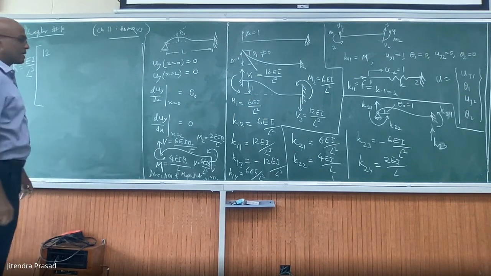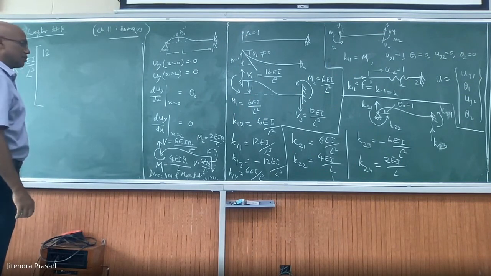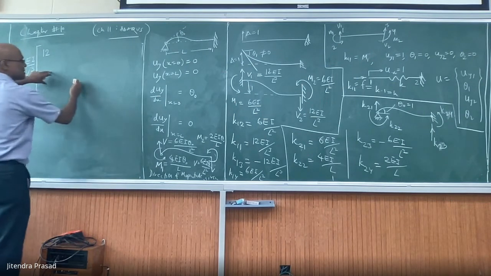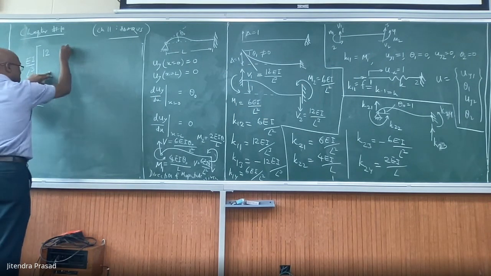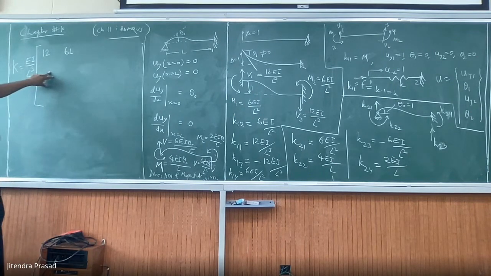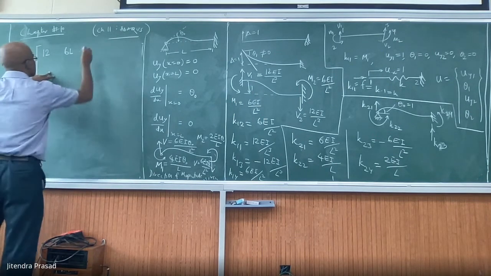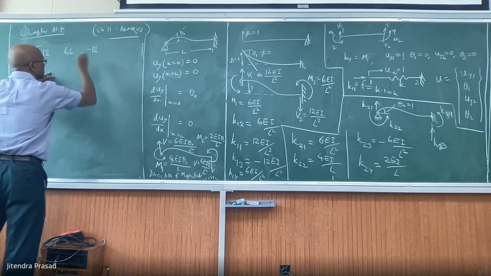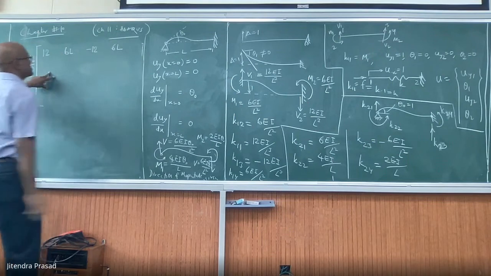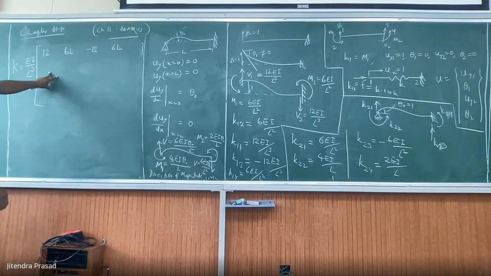Okay. Next is 1, 2, 6L. 1, 3 is minus 12. And then we have 6. Okay.